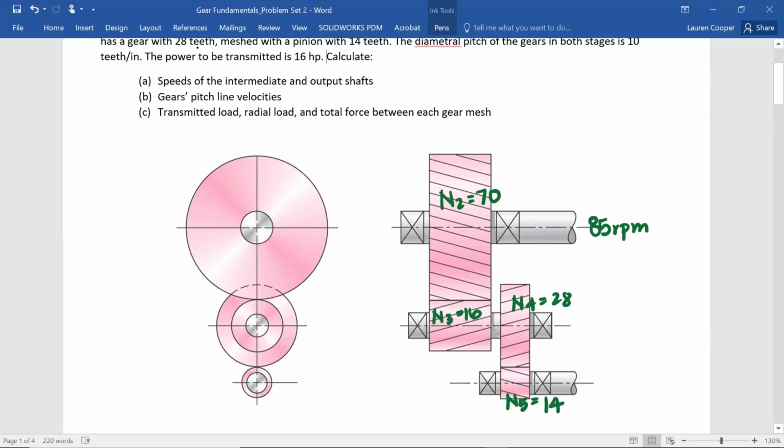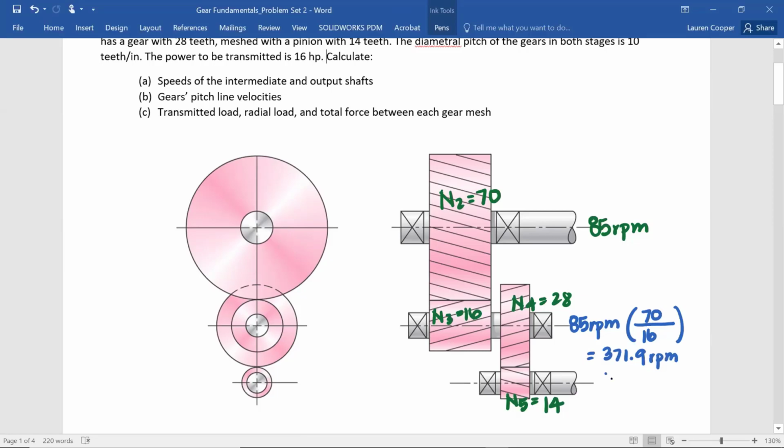So to calculate the speed of the counter shaft, we just do 85 RPM times the teeth ratio. So we have a speed increaser. So just take 70 over 16, 371.9.